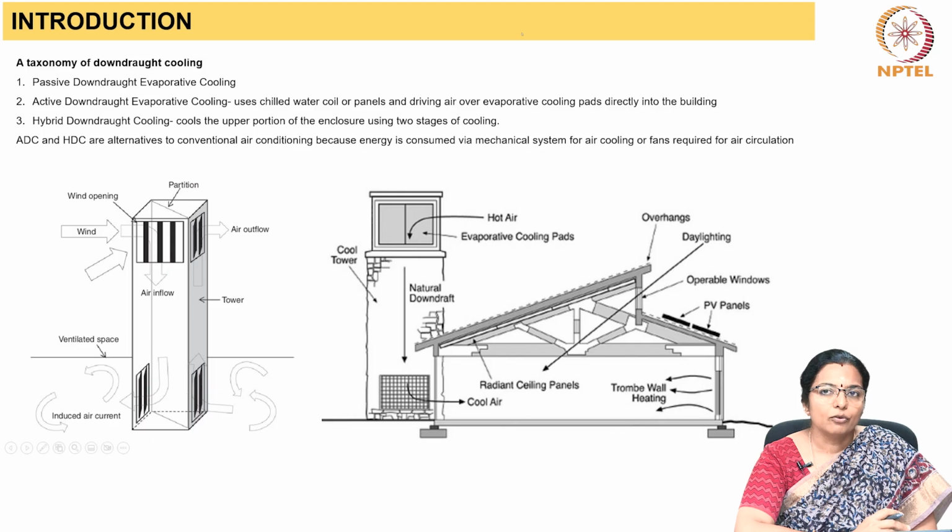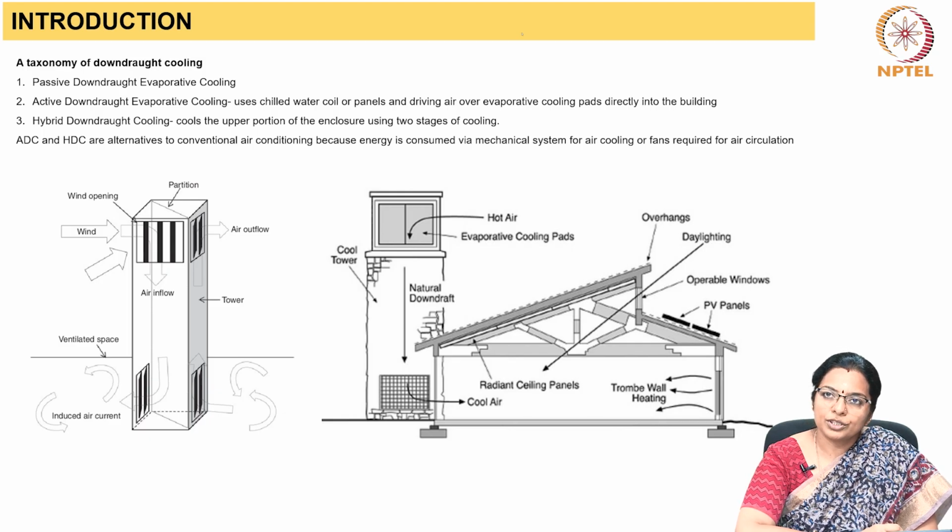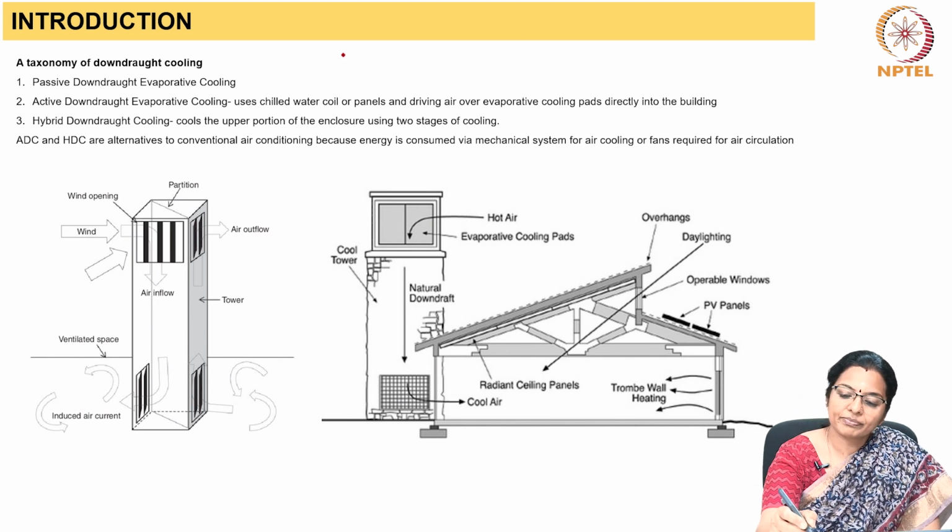So if you look at the taxonomy of downdraft cooling, we have the passive downdraft evaporative cooling, and active downdraft evaporative cooling, which uses chilled water coils or panels, like how we had seen in the previous slide.